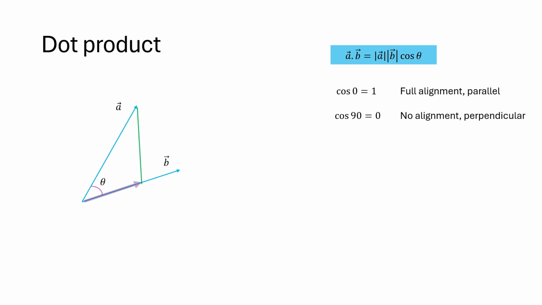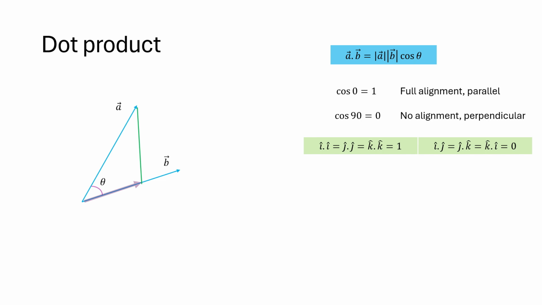This leads to another important result: the dot product of a unit vector with itself is equal to 1, whereas the dot product of a unit vector with another unit vector that is perpendicular to it is equal to 0.